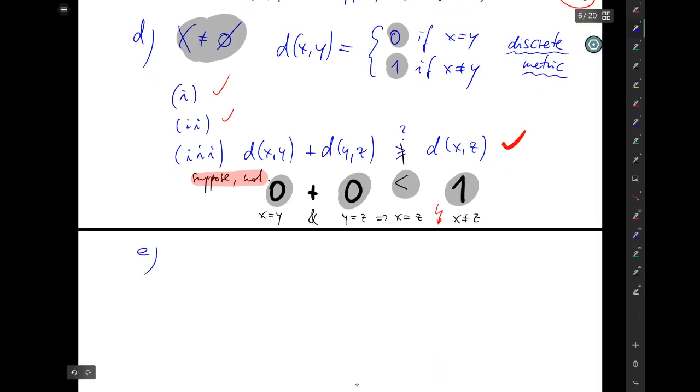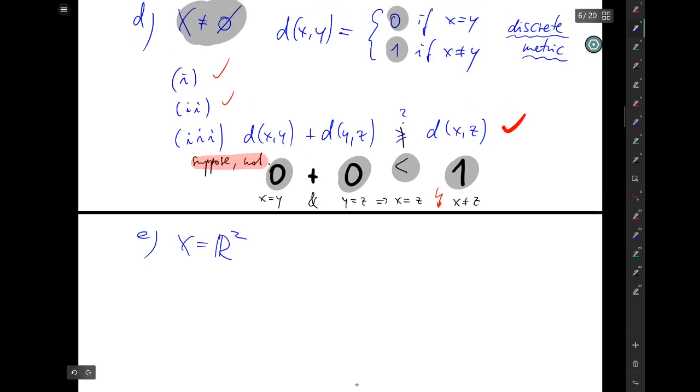So let's get back to the good old R2, but let's try and equip R2 with a funny distance, and let's check whether or not it's a distance function.